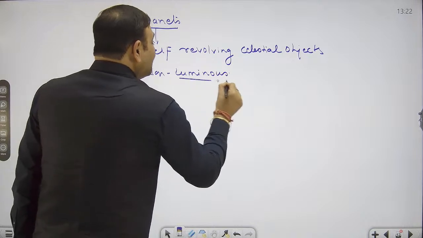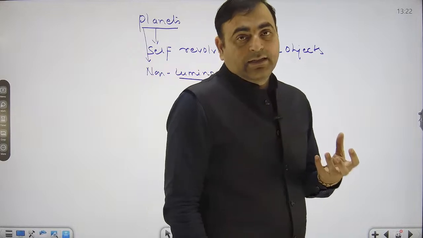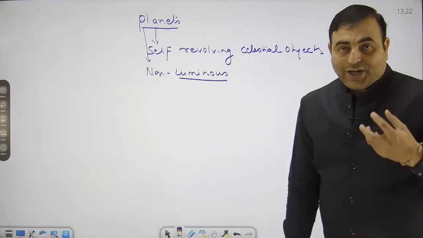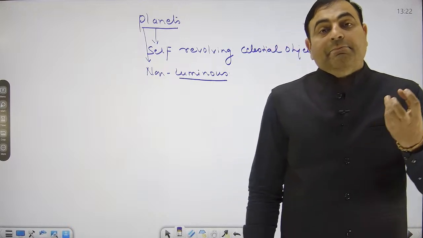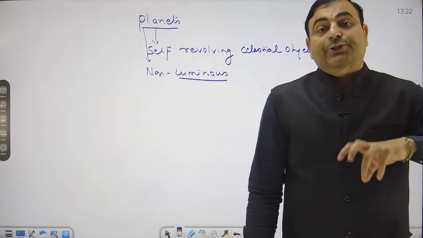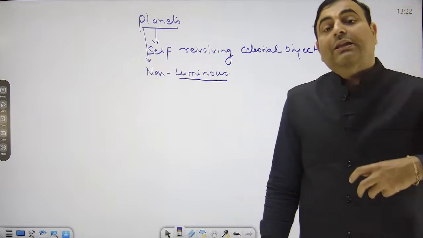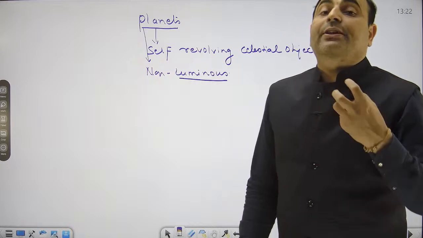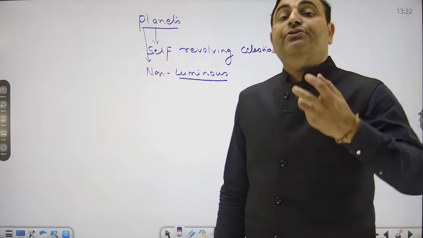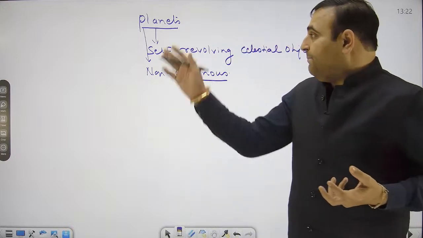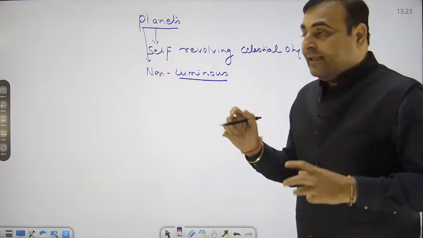What do you mean by luminous? Luminous means anything which has its own light, such as a star. Stars have their own light because they make light from nuclear fusion, because of the temperature, the heat, the nuclear fusion reaction. But planets do not have their own light.